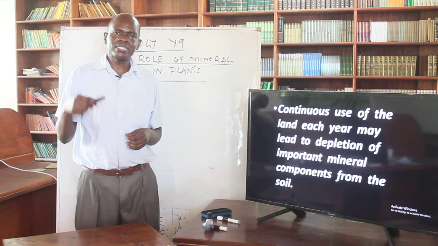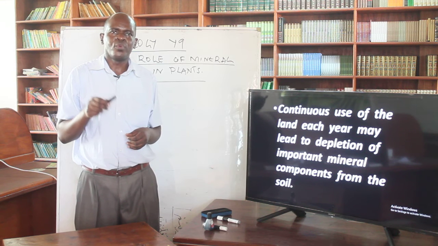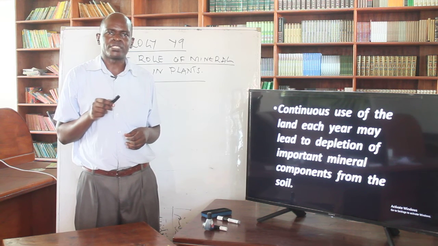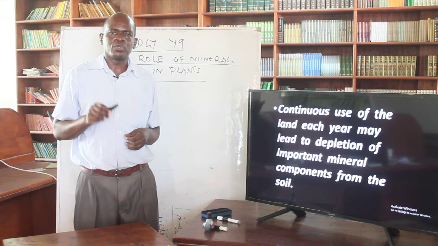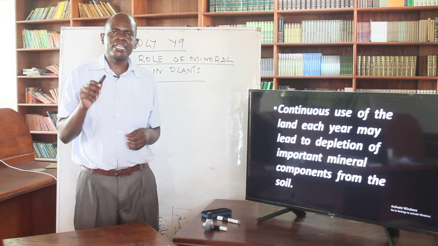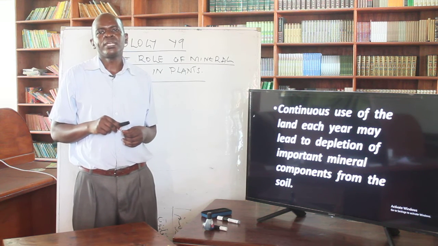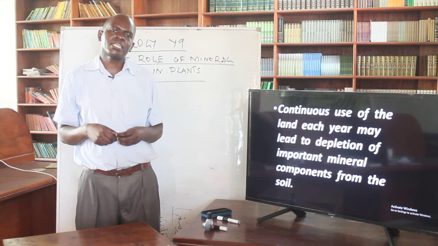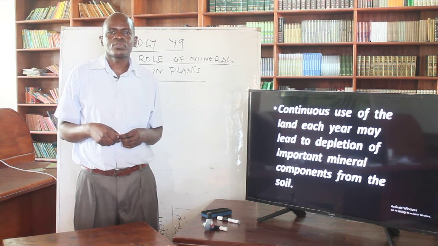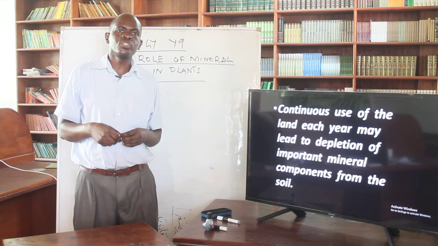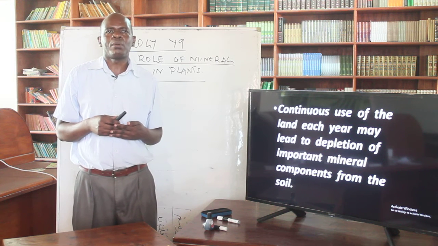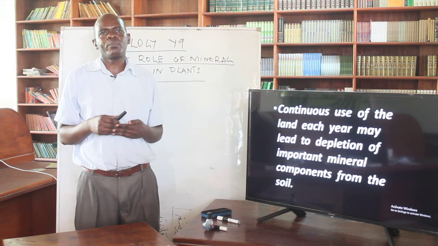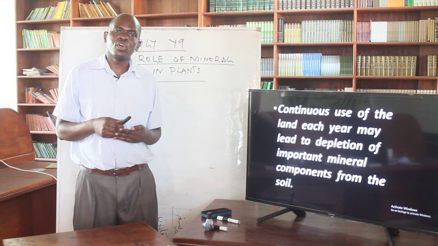When you continuously till your land, plow your land, dig your land year in, year out, without any measures, and you keep planting on the same piece of land, then at some point you will discover that the yields of that piece of land will reduce. When I talk about yields, I'm talking about the products. The products given out by that piece of land will go down.